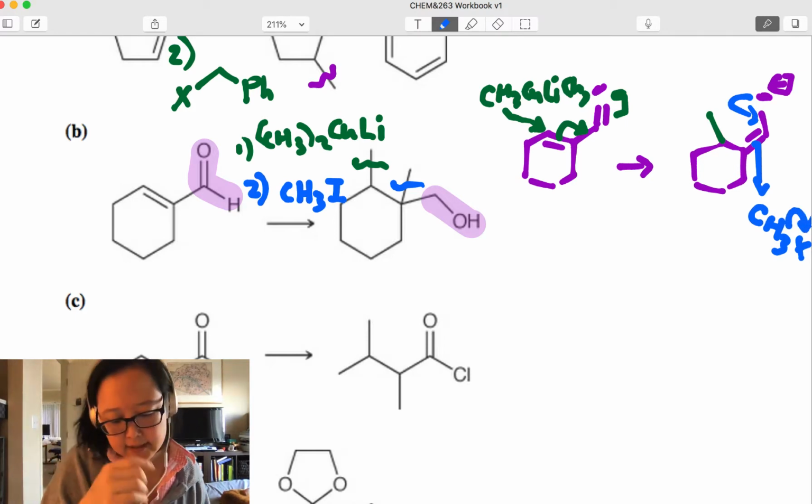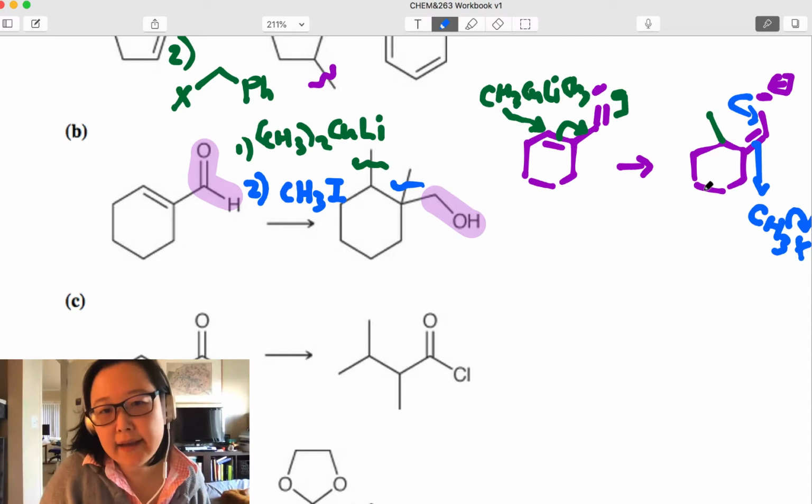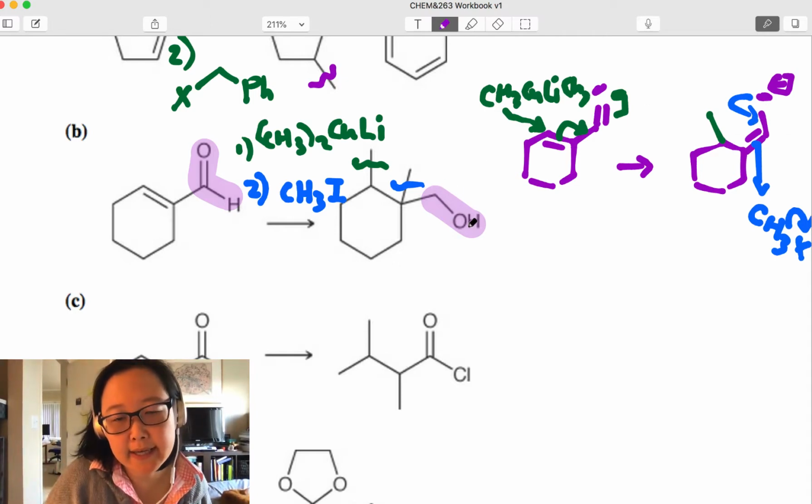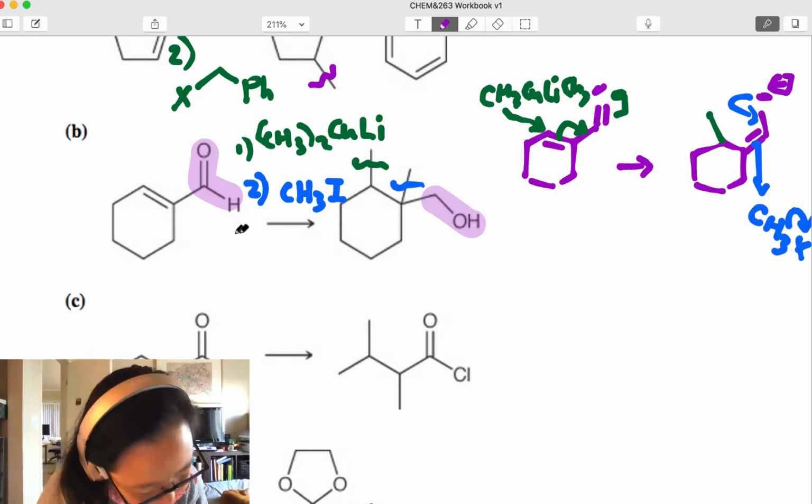Okay, so that's like an SN2 type reaction. Now after that though, I'm still going to end up with a carbonyl group. This will be an aldehyde still. So to reduce that, I need to use, again, either NaBH4 or LAH.